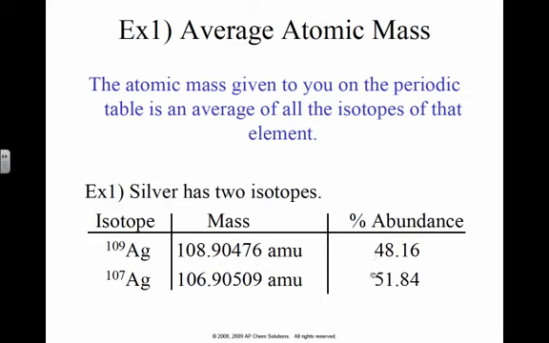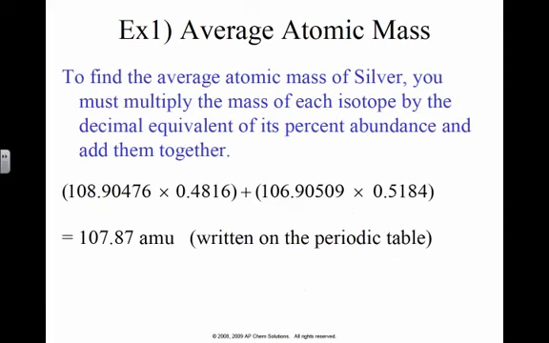It's almost a 50-50 split, so I'm going to guess that the average mass is somewhere in between there, around 108. The way that you solve for this is you take the mass times the percentage, in the form of a decimal, take the other mass times the percentage in the form of a decimal, and then you add them together. And we should get an answer around 107.87.